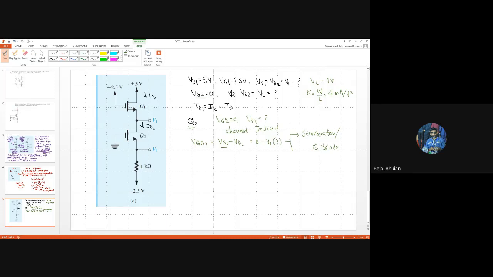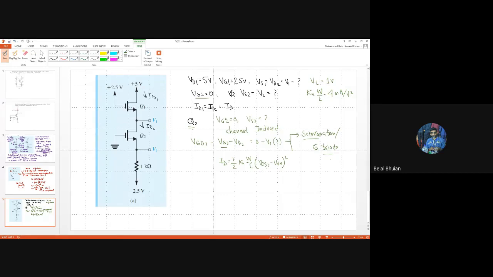So there are two possibilities: the MOSFET can be operating in saturation region, also it can be operating in triode region. We can go for an assumption, and for a MOSFET the safest assumption is saturation. Why? Because if you assume saturation, the current expression ID, which is half KN W over L times VGS2 minus VTN whole square, has only one variable.